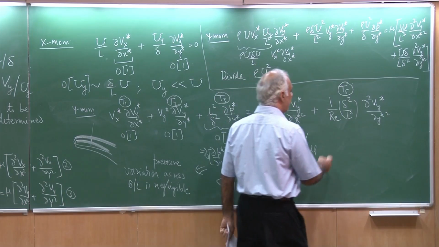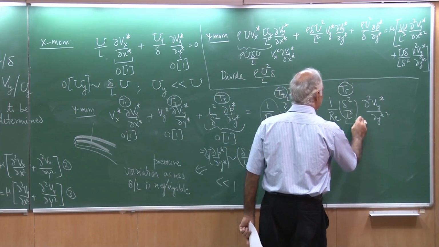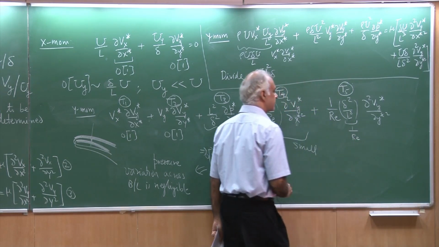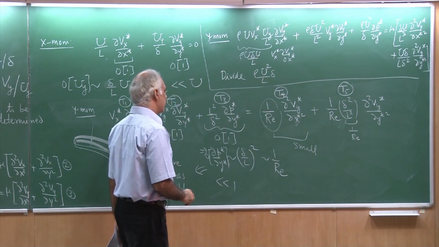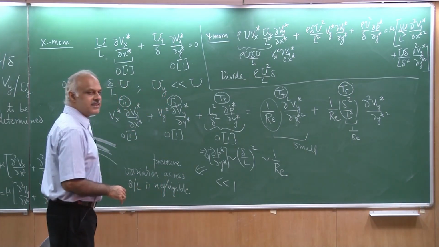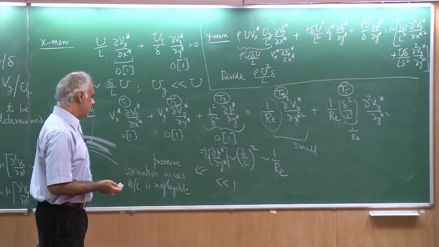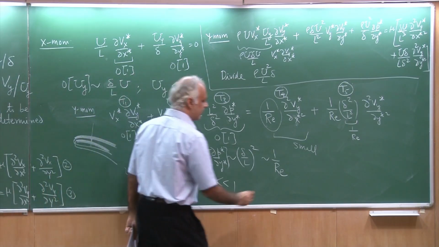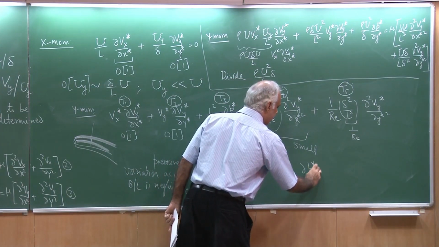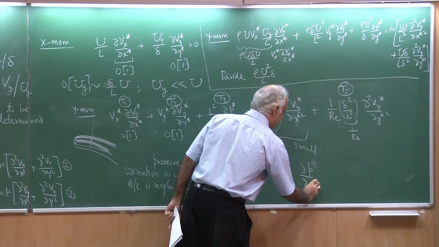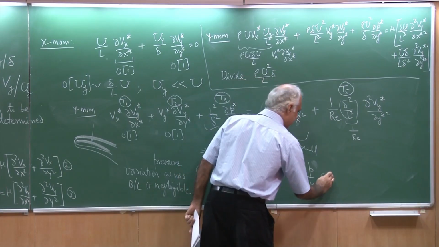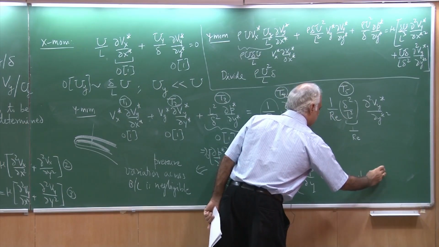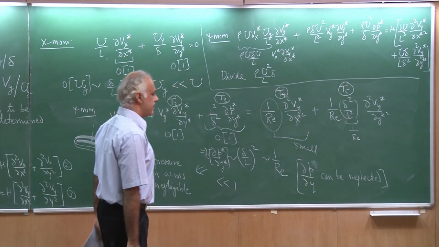So in fact this term also would be very small, of the order of 1 by Re. So overall my conclusion from this equation is that it doesn't give me anything meaningful. The only thing is it tells me that I will use the fact that del P by del y can be neglected.